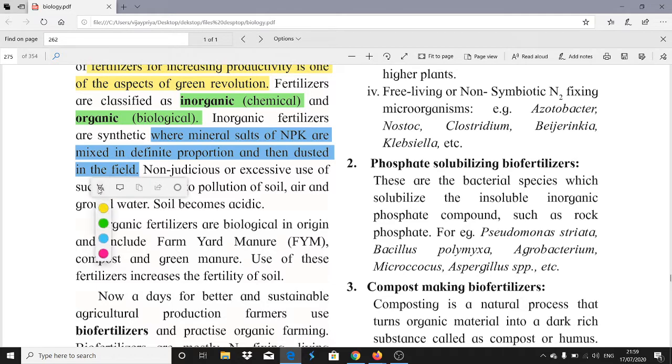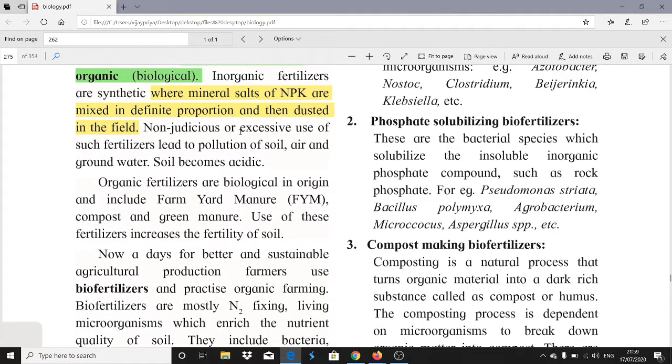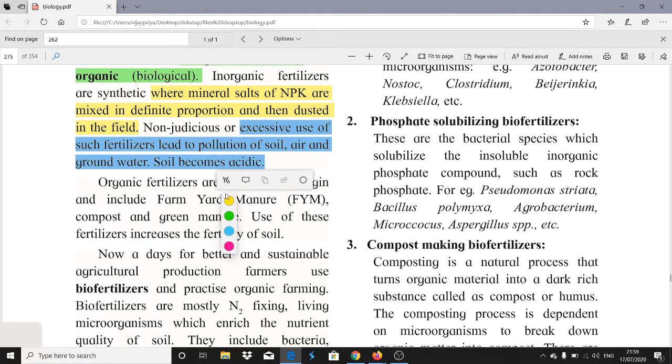Non-judicious or excessive use of such fertilizers has lots of disadvantages: it leads to pollution of soil, air, and groundwater.